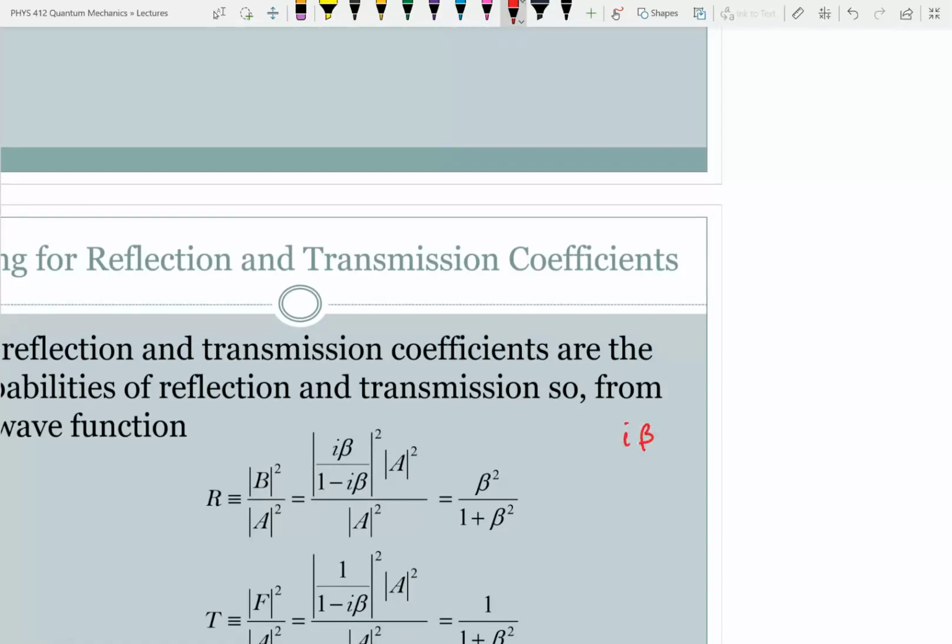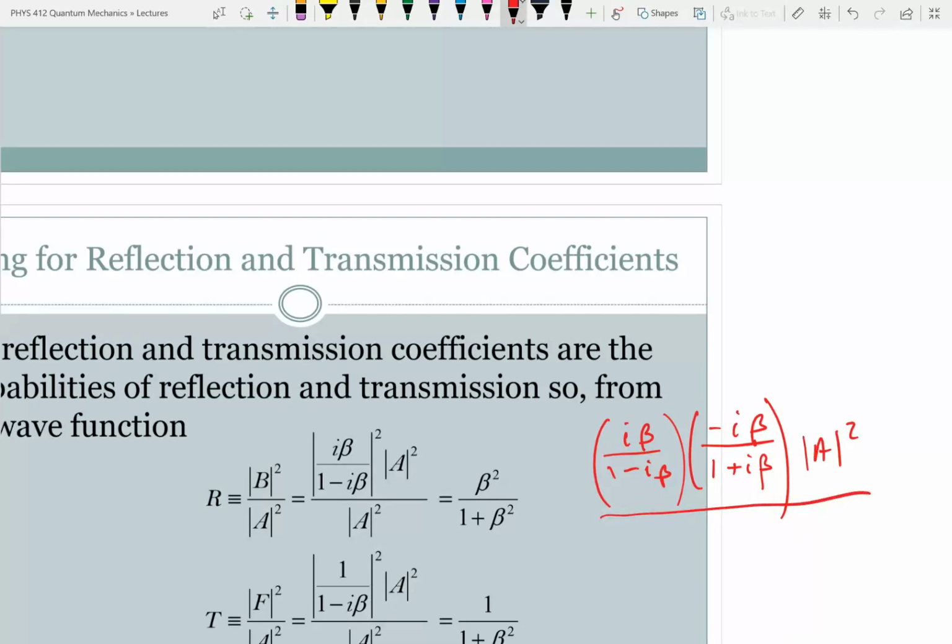That's calculating the reflection coefficient in longhand. And on top, you're going to have minus i squared beta squared, minus i squared is plus 1.